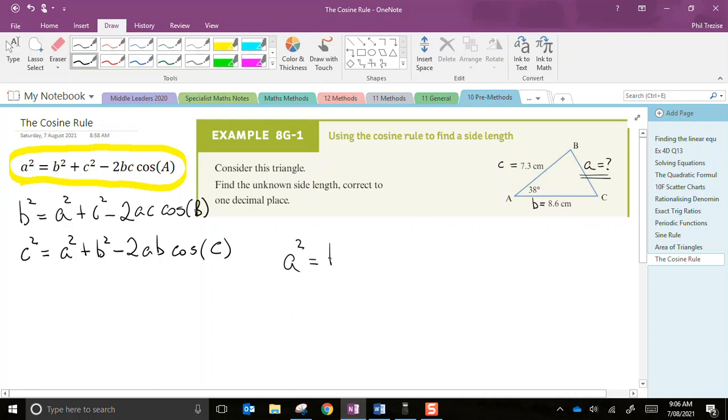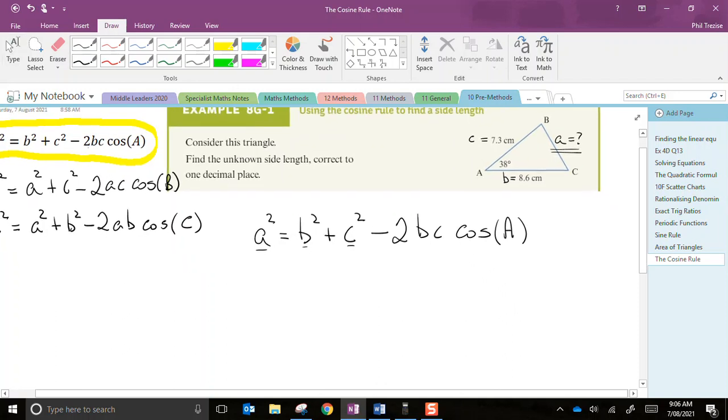Now remember the pattern, the other two sides. That reminds me a little bit of Pythagoras, so it's easy to remember that step. Then subtract 2, and it's the same edges that we already have here, bc, cosine, and the angle that we write for the cosine is the one that is opposite to that side on the other edge, so cosine A.